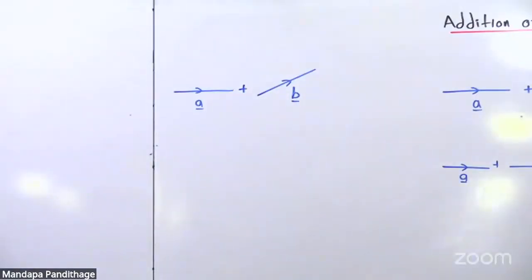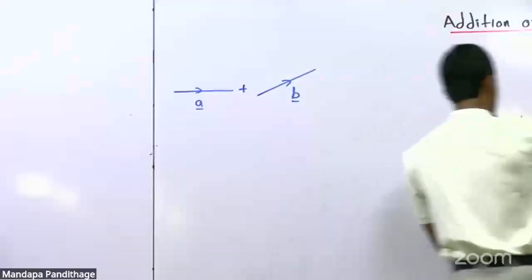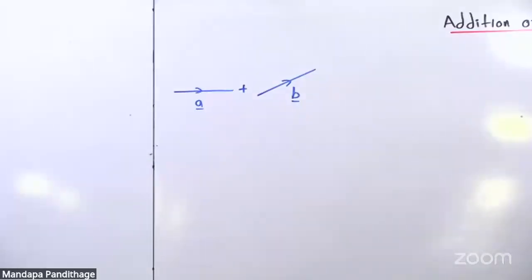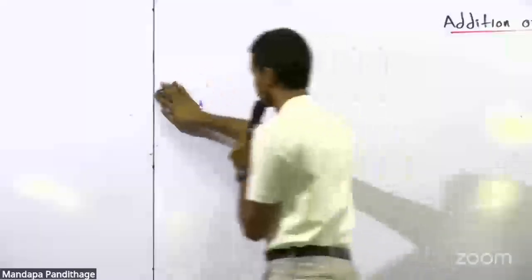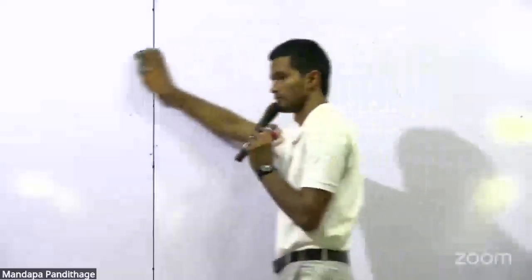To get the addition of vectors with different directions, we have to consider the following three laws. Write 1, 2, and 3.